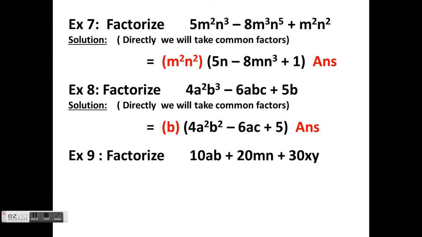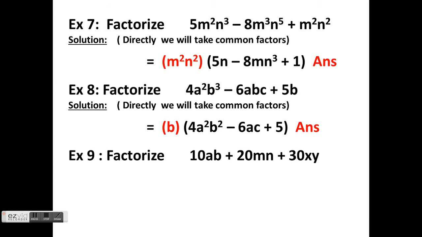Factorize 10ab plus 20mn plus 30xy. Here also we are going to do it directly. Already we have seen 7 or 8 questions, so directly you can pick up the common. 10, 20, 30. Clearly 10 is common. Then we see any other factors, ab, mn, xy.